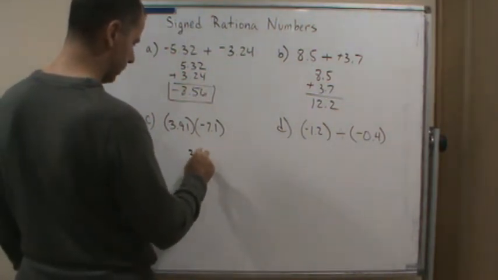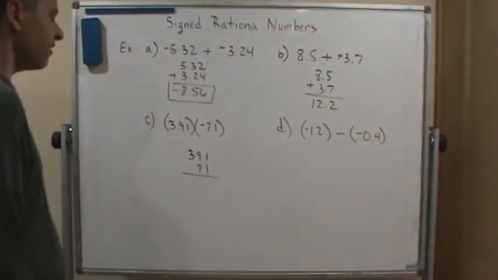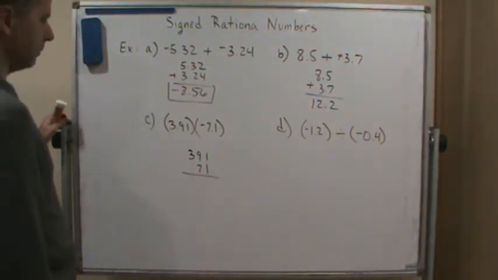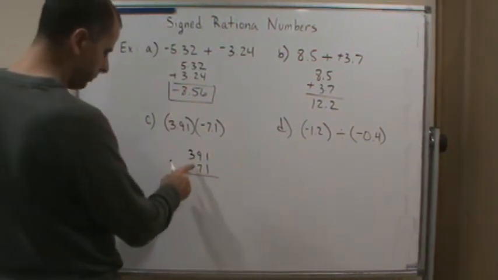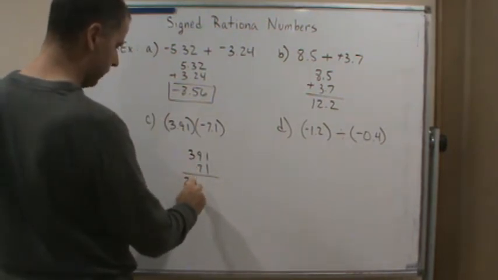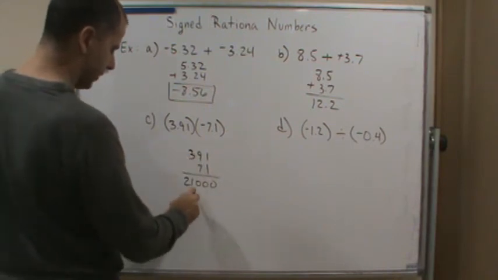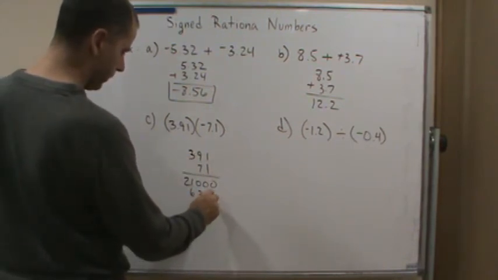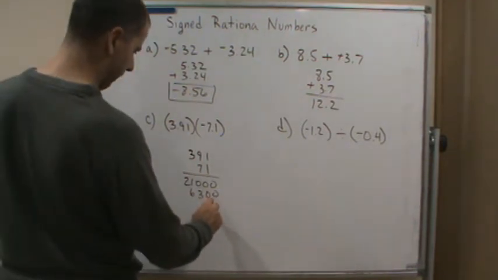So in this case here, I'm going to go 391 times 71. Okay, so again, you can do this in your calculator. So 7 times 3 is 21, right? So we got 21,000, and then 63, right? 6,300, and then 70.